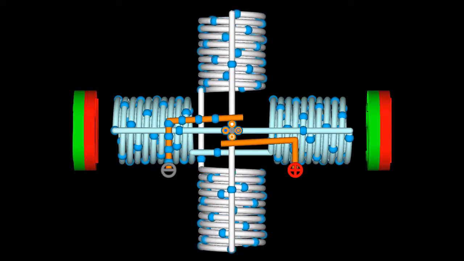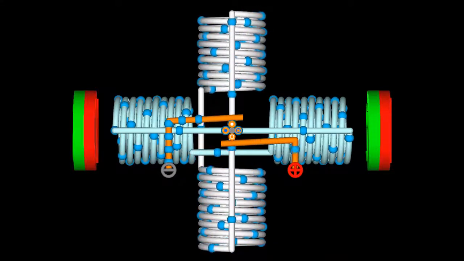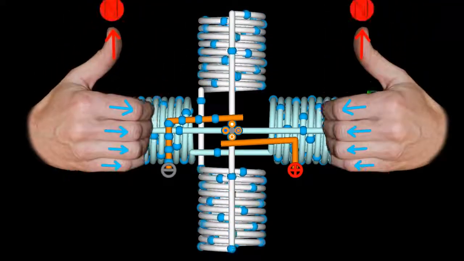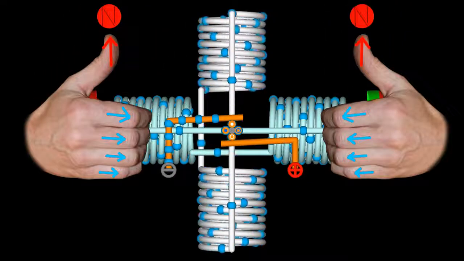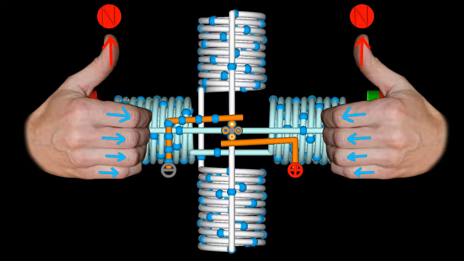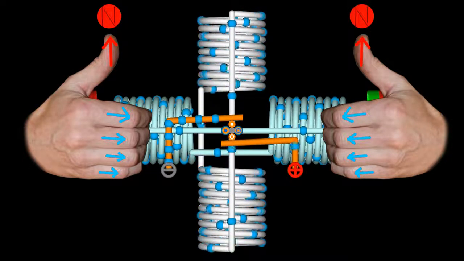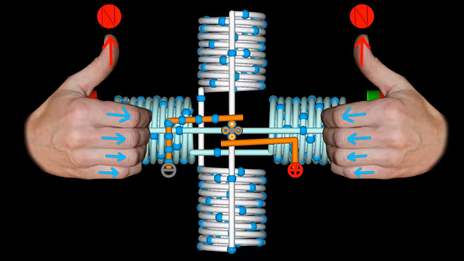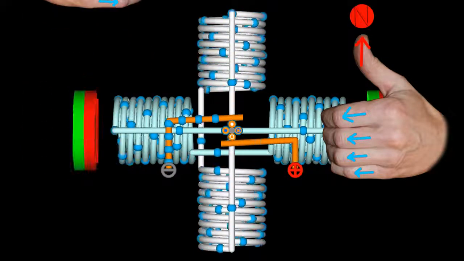The second question to be answered is: what hand is needed to determine the position of the magnetic north pole? Your left hand is the right answer.